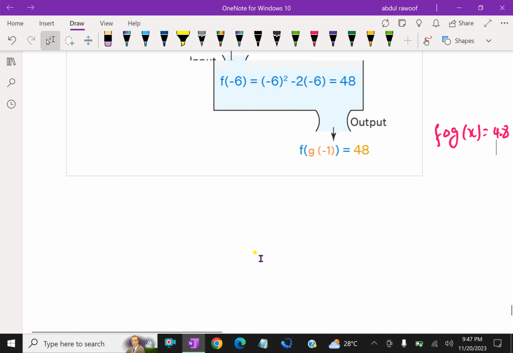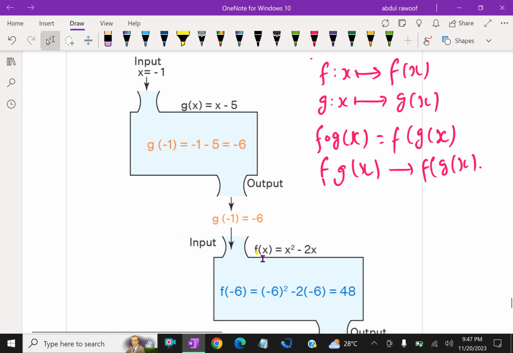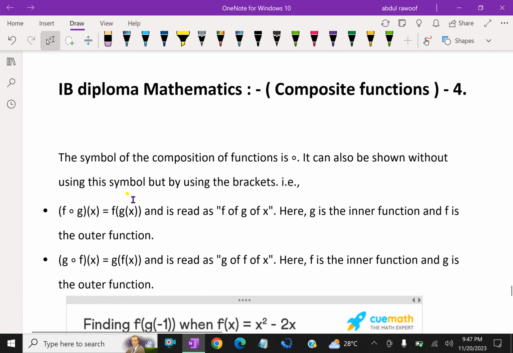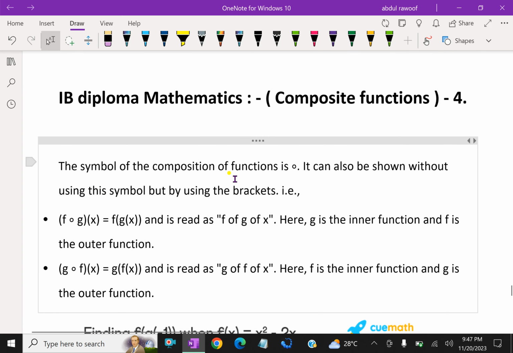Now we can discuss the symbol of composition. The symbol of a composite function is a small circle, a small round. It can also be shown without using the symbol, by using brackets, like f of g of x, and is read as f of g of x.